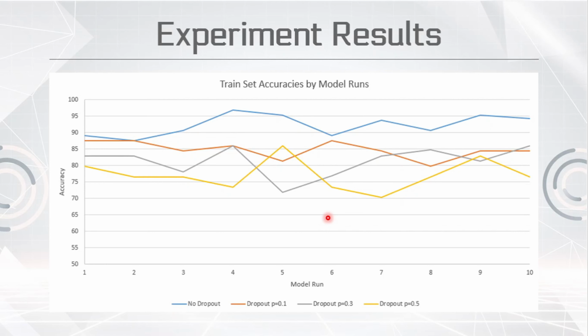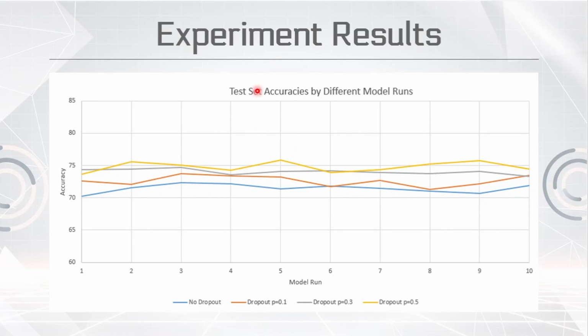Now let's see how the test set behaves. For the test set accuracy results, we have quite the opposite, and this was what we expected. When we don't use any dropout, we have the lowest value for the accuracy of the test set. And when you use dropout, which is the yellow line here with the highest p-value, you can observe the highest test set scores. And the other values are between those values.